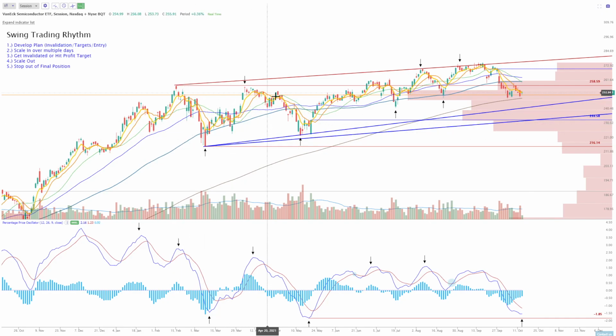Because during this correction, you can see price just oscillates through the moving averages as if there's no value there at all. And really, there isn't. It's more of we're trading price levels, and we're going to use the oscillator to help indicate when the momentum is shifting between bullish and bearish.